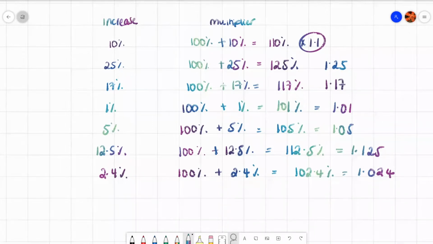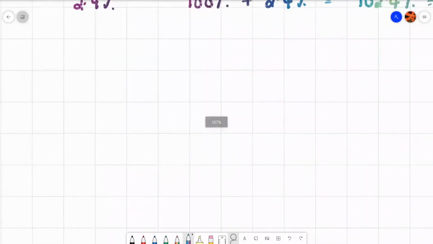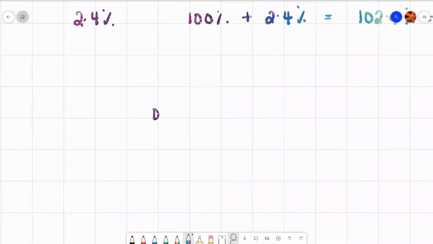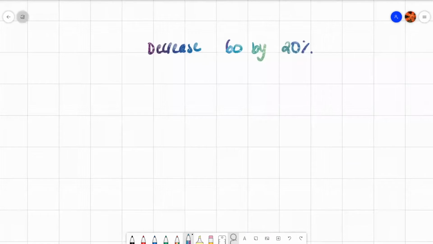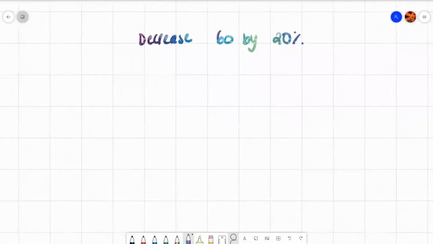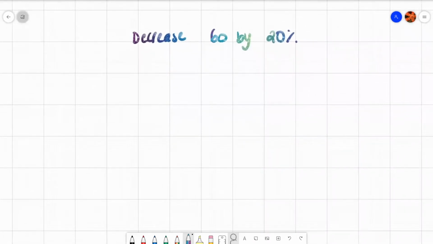Right, let's have a look at decrease questions then. So decrease 60 by 20%. Again, the most common method would be to work out 10%, which would be 6.